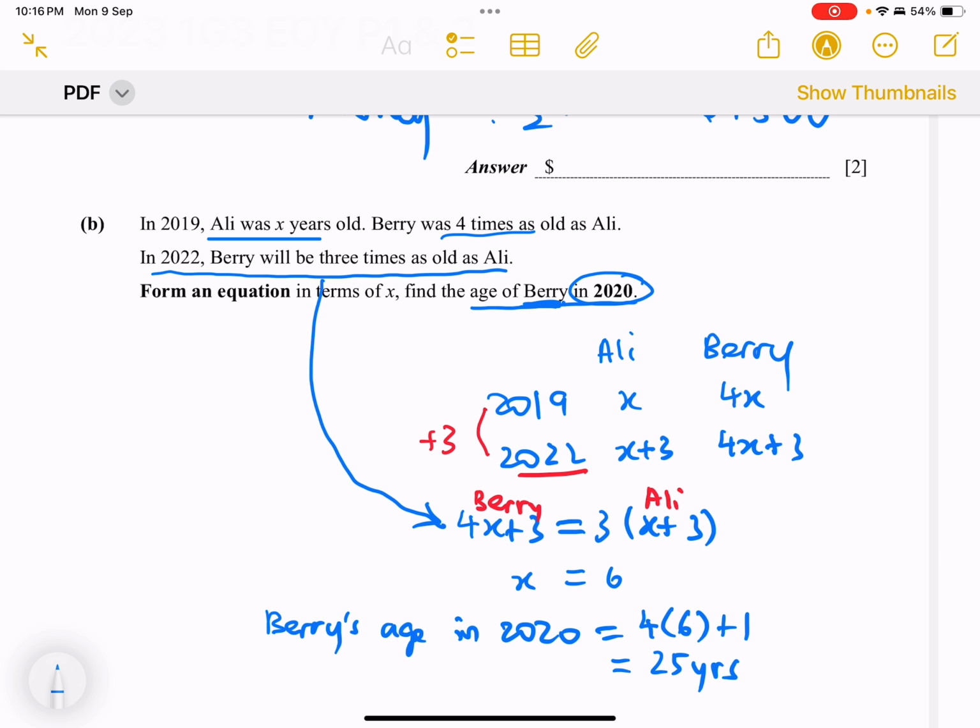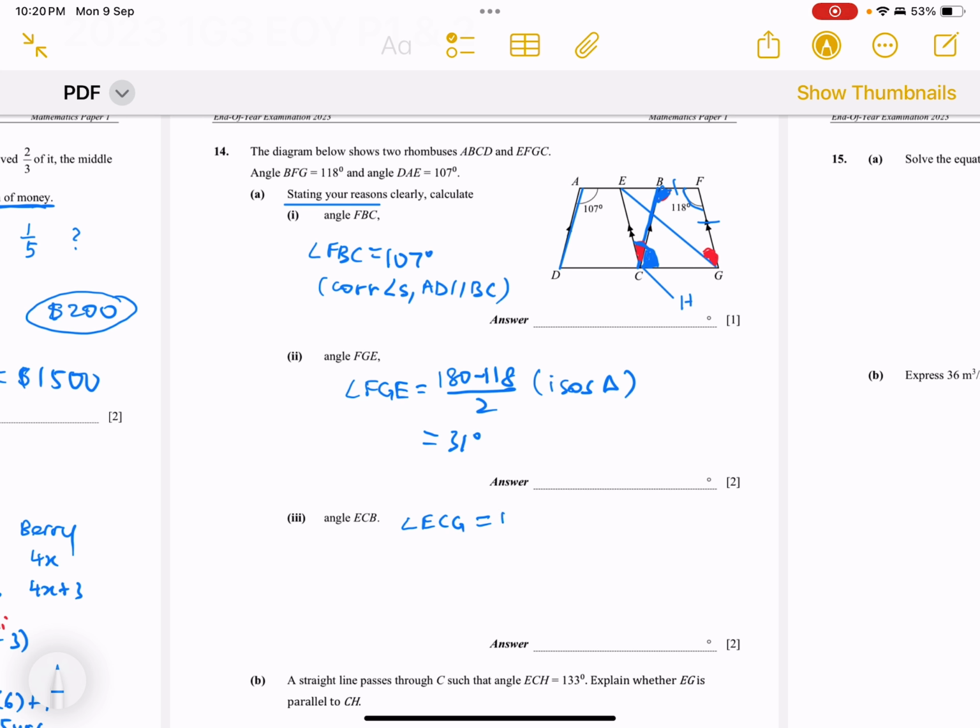Now ECG is actually the opposite angle of 118, because this is a parallelogram. So angle ECG is 118. Reason: opposite angles of parallelogram.